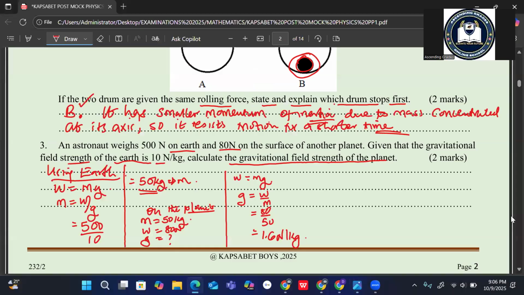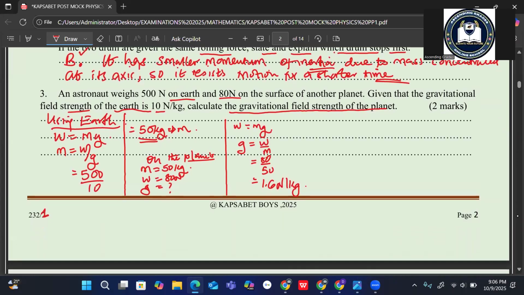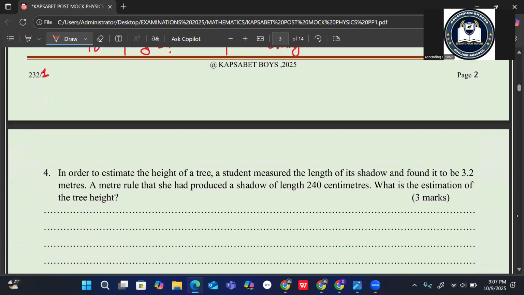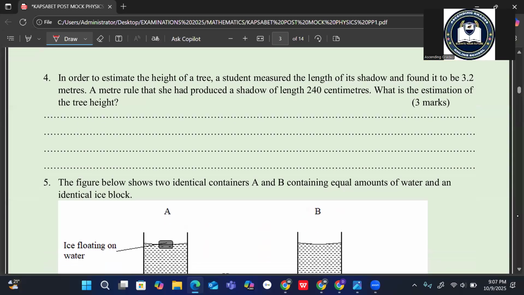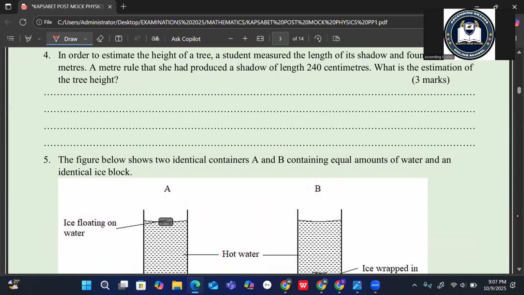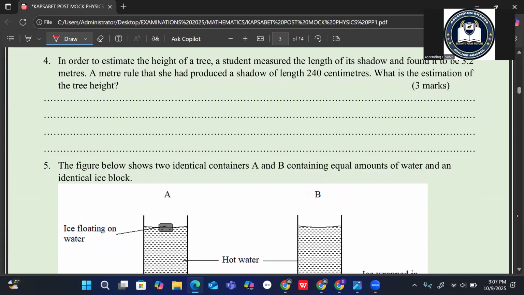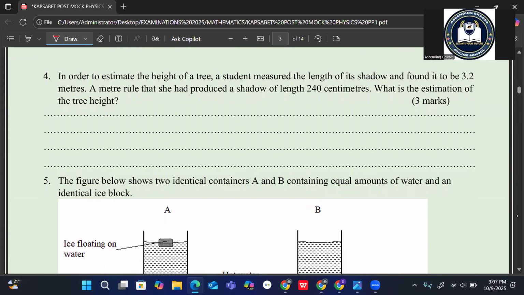So now we can move on to the next part. In order to estimate the height of a tree, a student measured the length of a shadow and found it to be 3.2 meters.